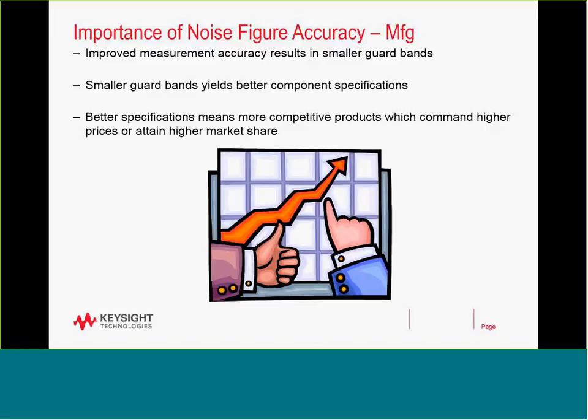Also, improved measurement accuracy means smaller guard bands, so we can develop products and spec them tighter than the competition. In other words, noise figure has been deemed the money spec. So the lower the noise figure measured for a device, the more you can ask for that device in the market.